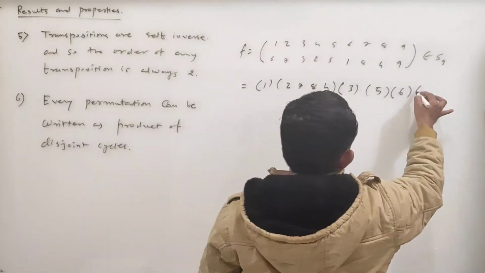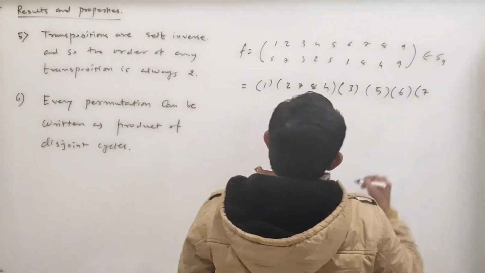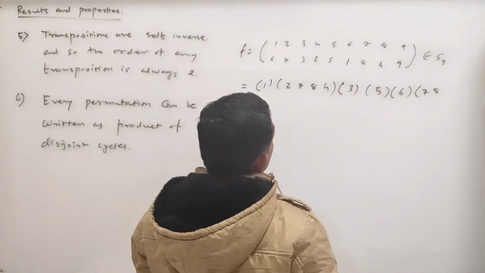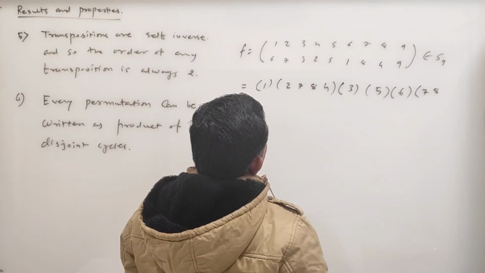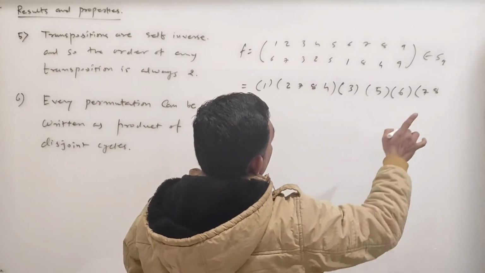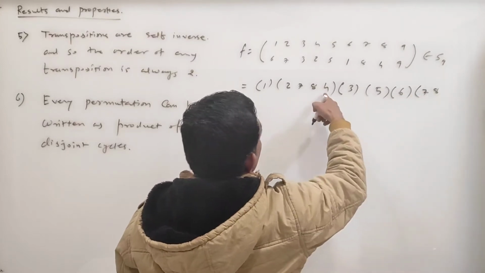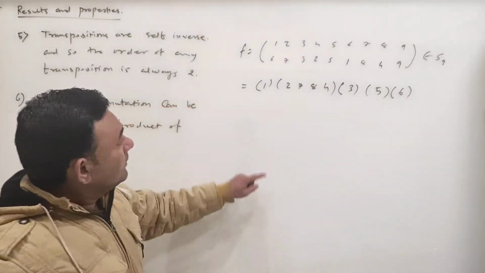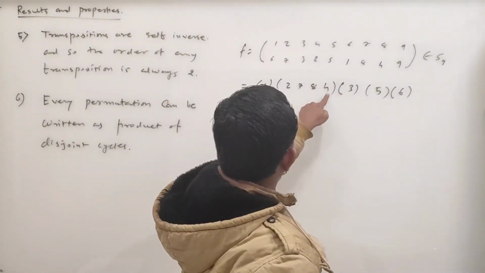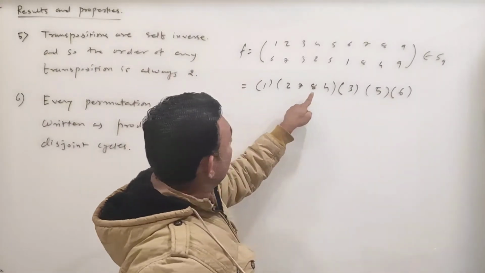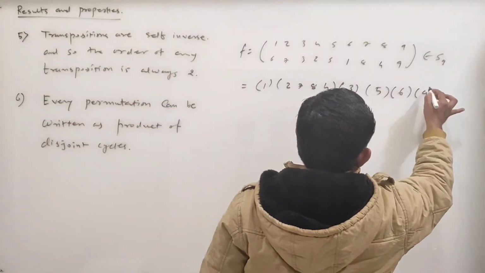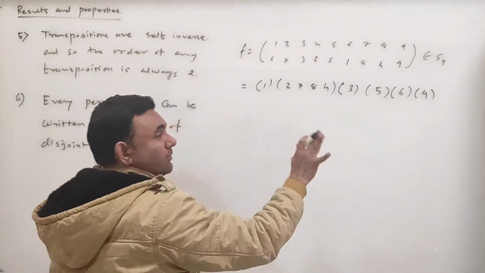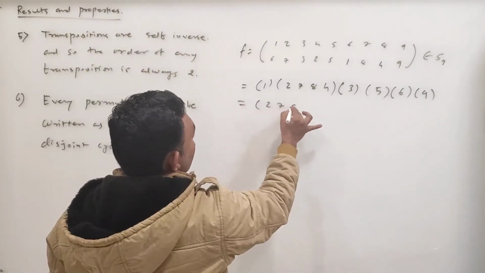Now 7 is missing, but 7 is already here, so no need. 9 is missing, and 9 goes to 9. So 1 3 5 6 9, these are one cycle each, they represent the identity, so no need to write them. The only other cycle is 2 7 8 4.